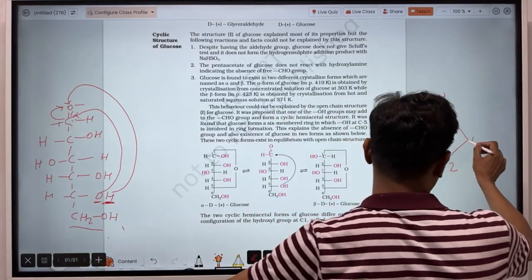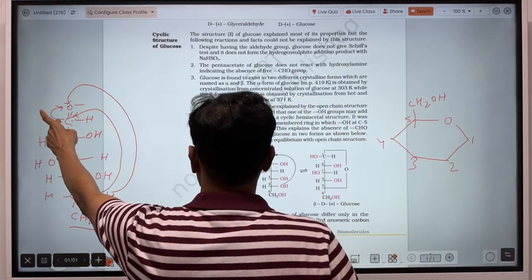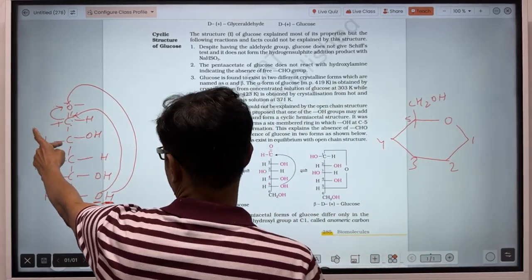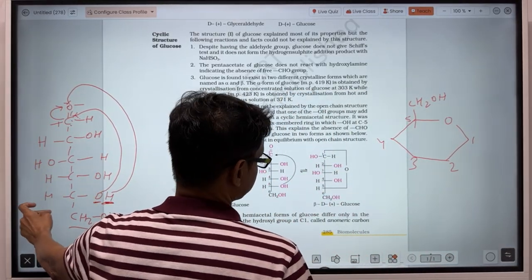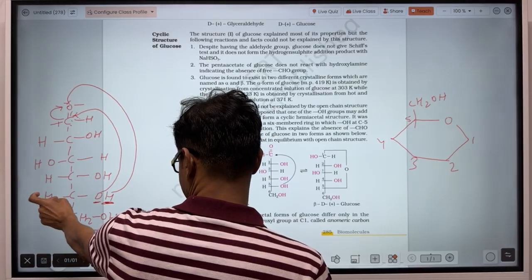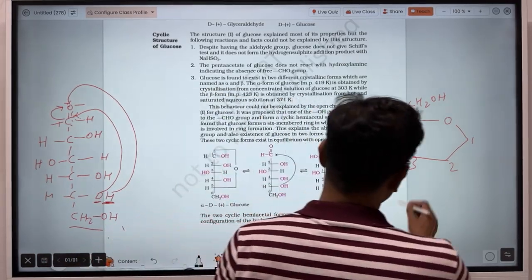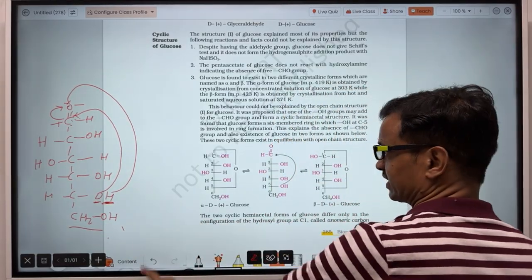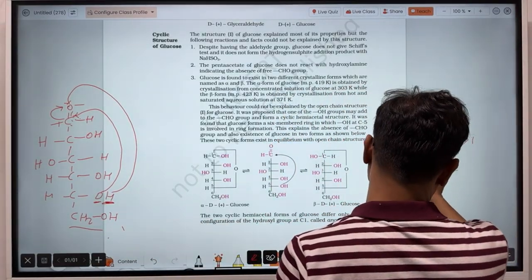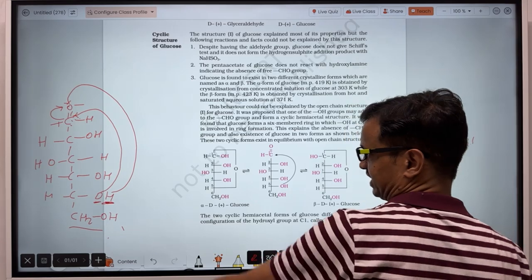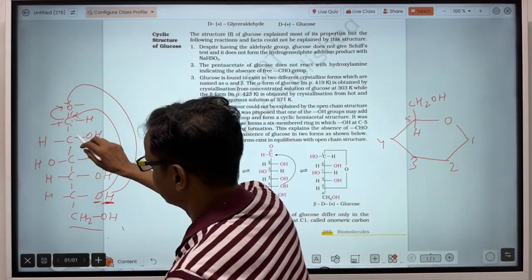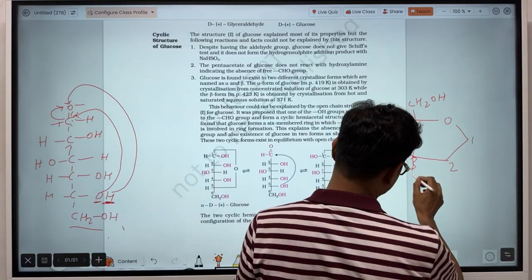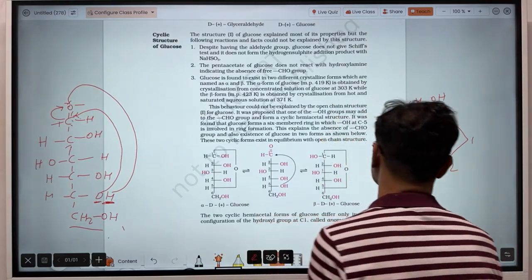Now to this first carbon atom, watch out. Here this is the first carbon atom, second carbon atom, third, fourth and fifth. At this carbon, oxygen is gone, so hydrogen will be here. First, second, third. Here this is the third carbon atom. Only at the third carbon atom, the OH is towards the left-hand side. So here this OH will be indicated at the below side.